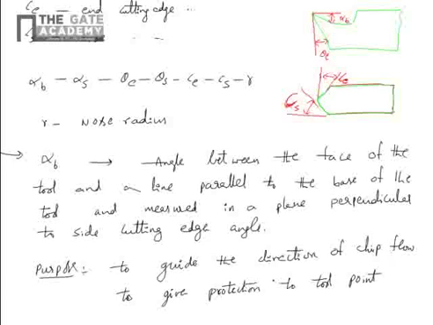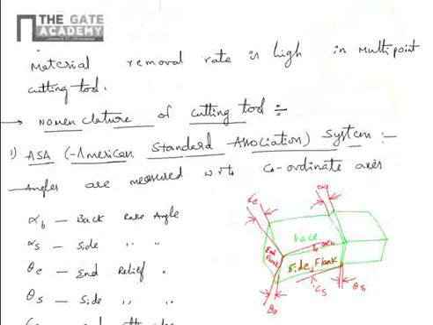So alpha B, the back rake angle, is either positive or negative or zero also.